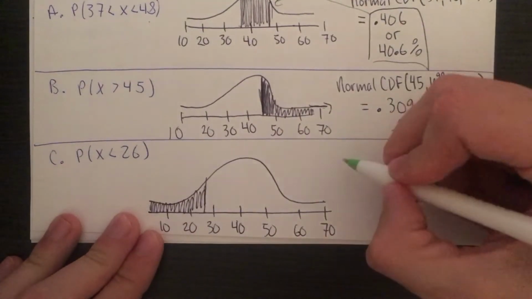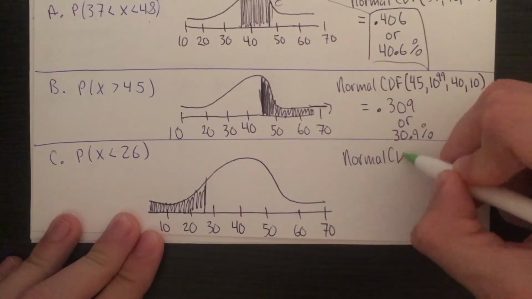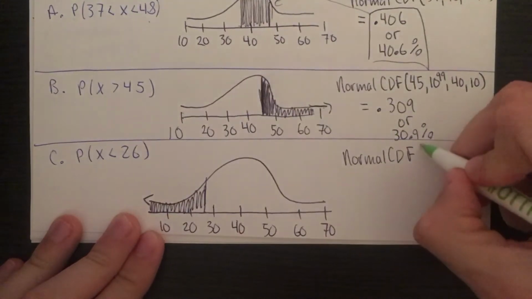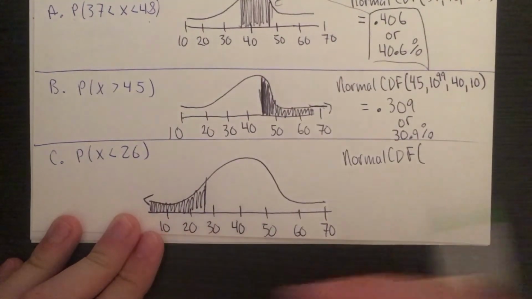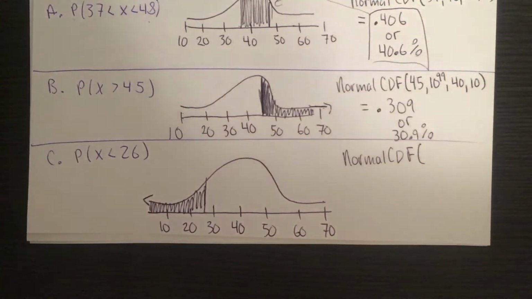And so now with the normal CDF, the normal cumulative distribution function, for the lower bound here, the furthest left we can go, we've got to put in one of the smallest numbers that we can get.